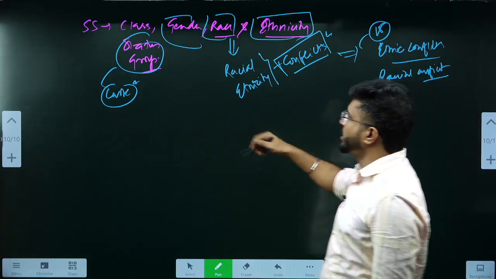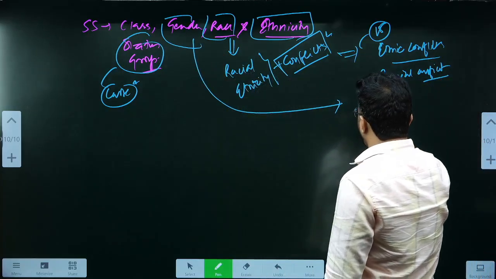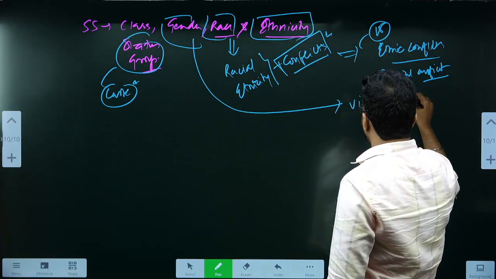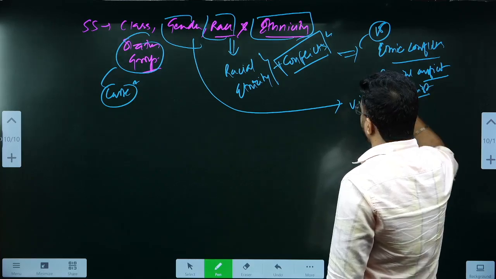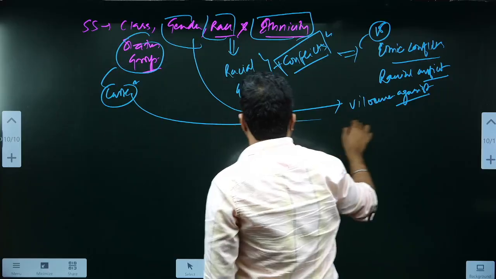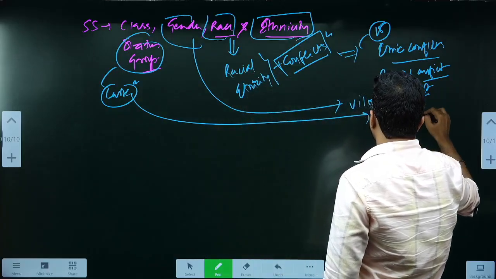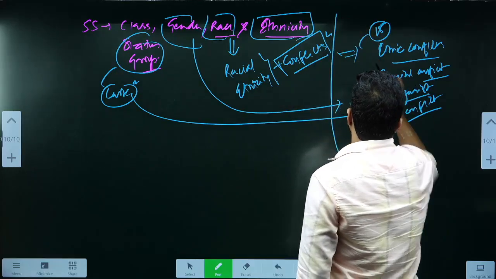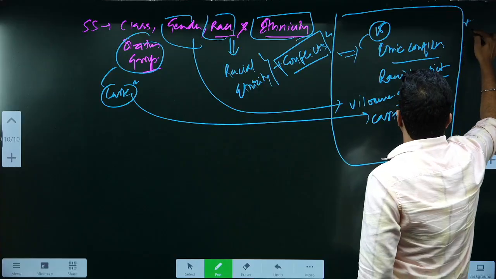If you want, you can also combine the issues related to gender, like violence against women, which is again part of your chapter 15. Here you can also connect the caste conflict, which is also part of chapter 15, challenges of social transformation.